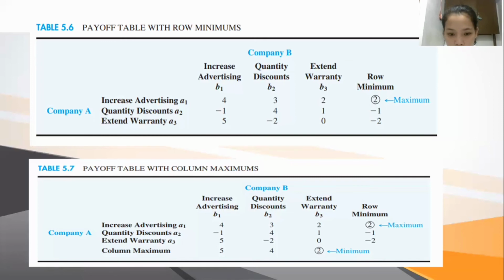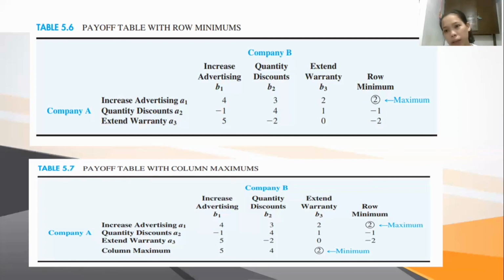After company B identifies the maximum value for each column, it identifies the minimum of the column maximums, since the payoffs represent a decrease on the side of company B. So it is guaranteed that there is no decrease of more than 2% of the market share.